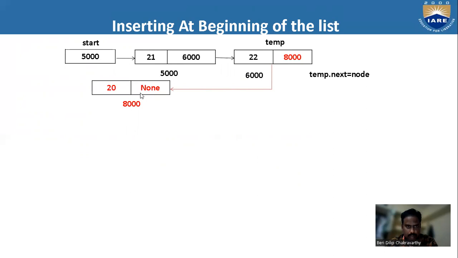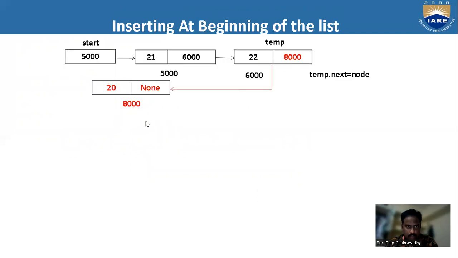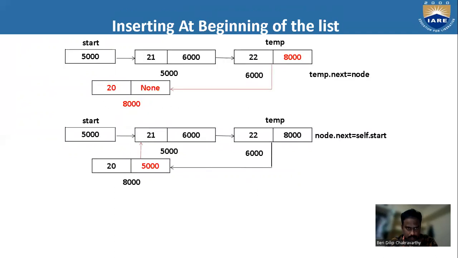So this is my new node. I'll remove this 5000 and I'll just place 8000 here. Here I'm placing the address of this node, 5000, I placed here.